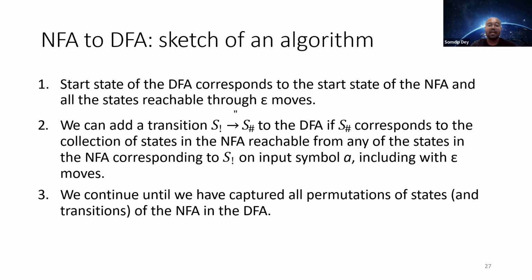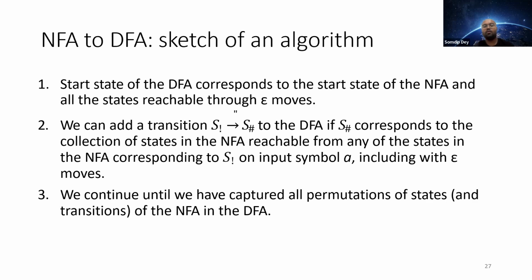We can add a transition from S to S hash in the DFA if S hash corresponds to the collection of the states in the NFA reachable from any of the states in the NFA corresponding to S on the input symbol A, including epsilon moves.